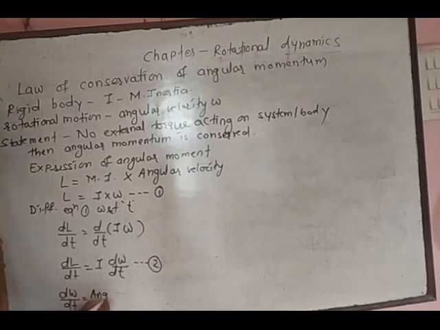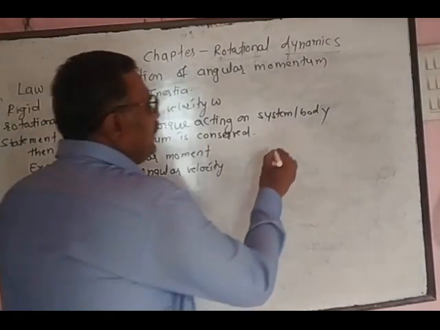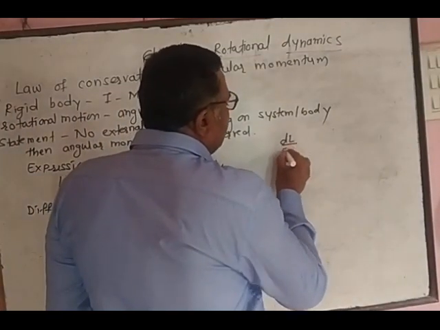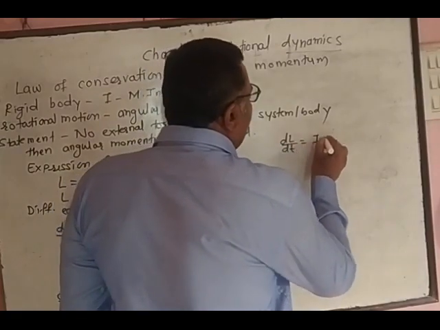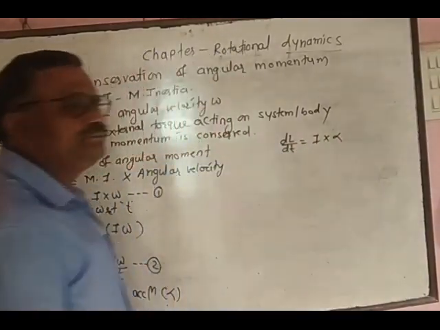According to the definition, it is angular acceleration, and angular acceleration is denoted by alpha. Therefore dL upon dt is equal to I into alpha.